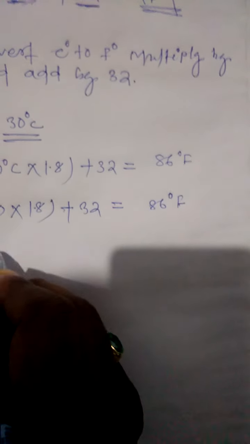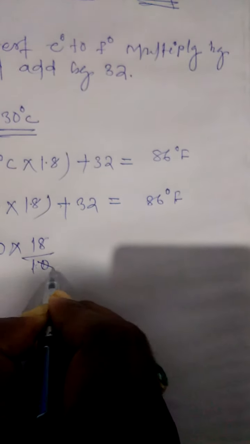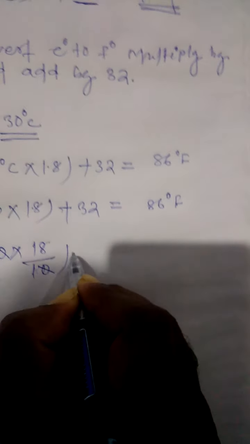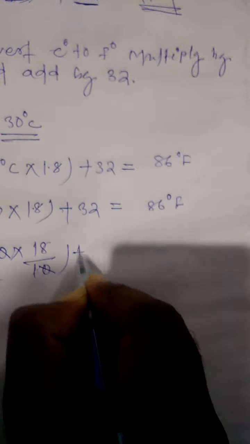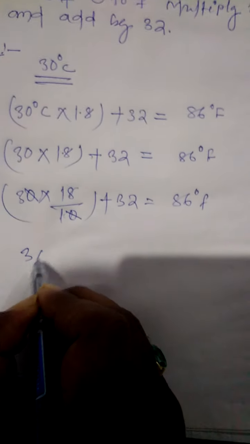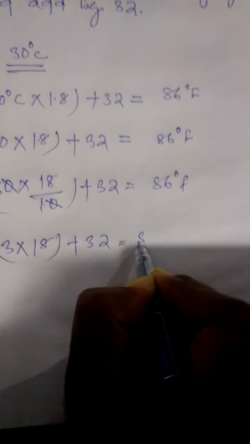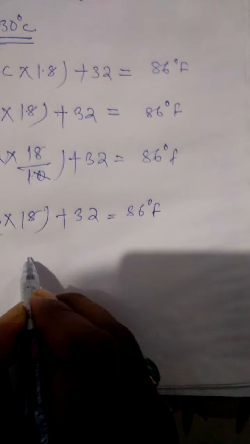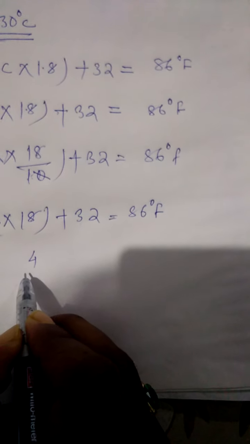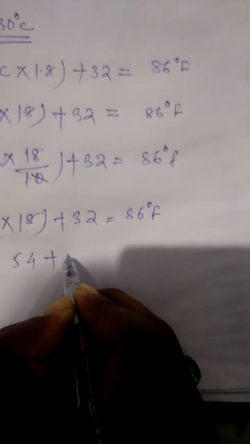Step by step I am saying. 30 into 1.8 by 10, so the zeros cancel, plus 32. You see 3 into 18 plus 32. 3 eights are 24, 3 ones are 3, so 54 plus 32.